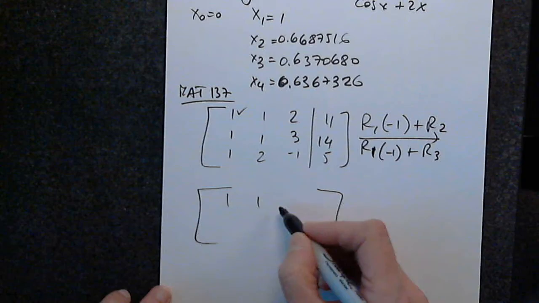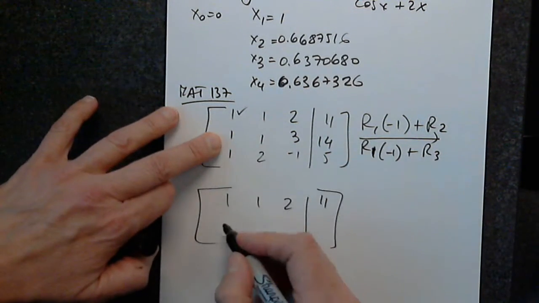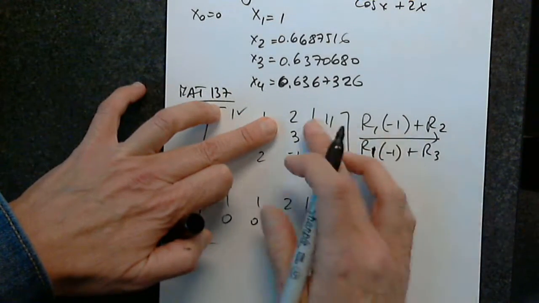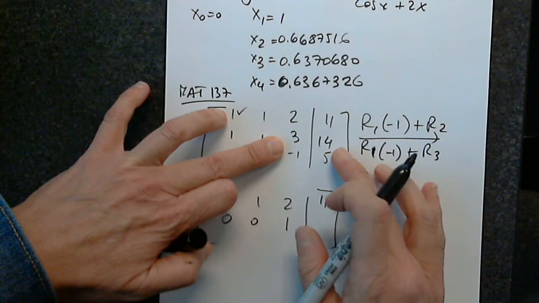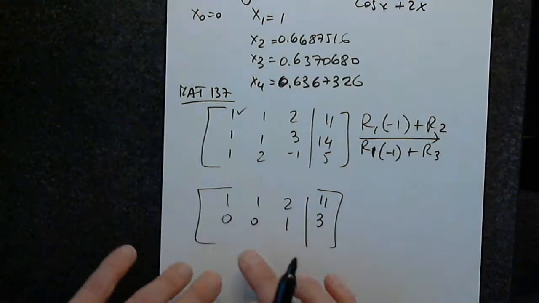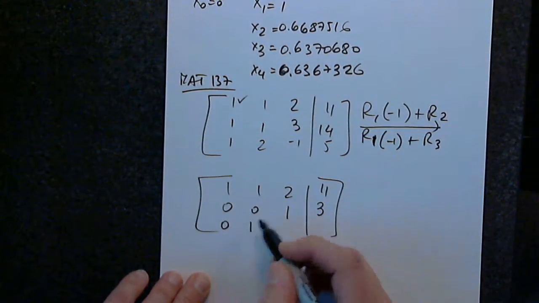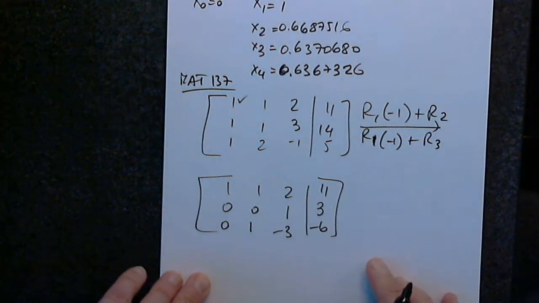So then I copy 1, 1, 2, and 11. And then I have negative 1 times 1 plus 1 is 0. Negative 1 plus 1 is 0. 2 times negative 1, negative 2 plus 3 is 1. Now this is negative 11 plus 14 is 3. Do we get 0, 0, 1, 3? Yep. Okay, then the next one is 0. And here is 1. And here's negative 3. And here's negative 6. Yep.